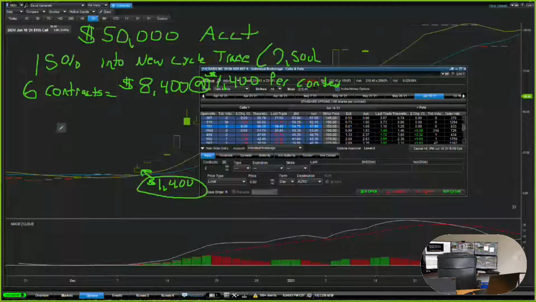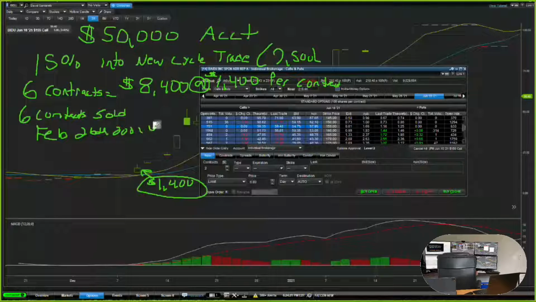Now you sold it on February 26th, 2021 at what price? 143.50.